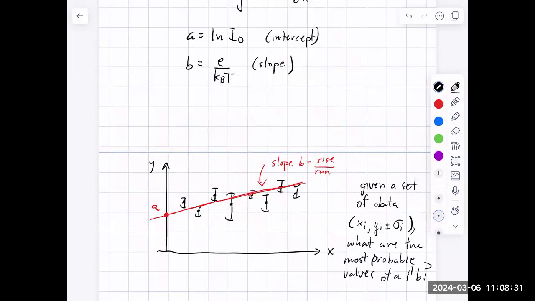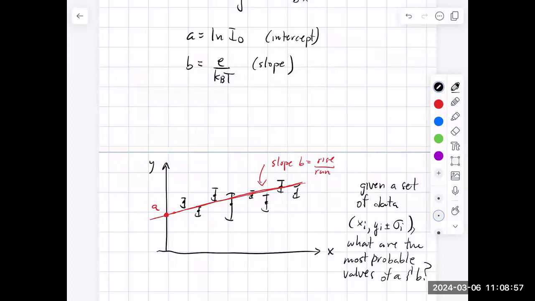Again, just like we were talking about when we were trying to calculate means, all we can do is come up with some sample distribution of data that's sampled from the parent. The parent distribution has the true mean. All we can do is make our best estimate of what we think the true mean is. Same thing's going to happen here.